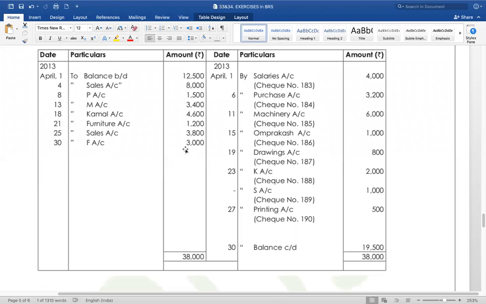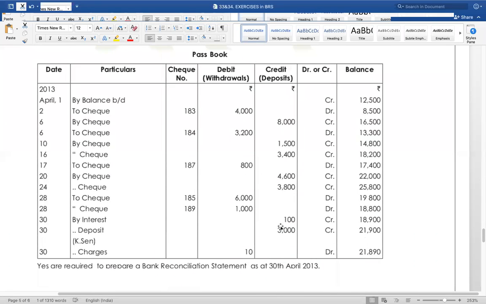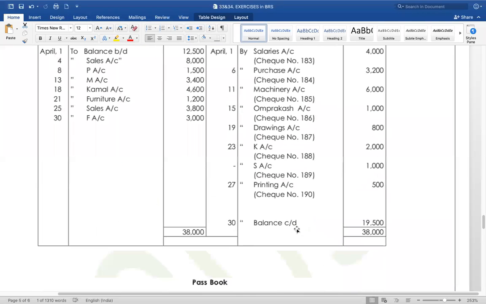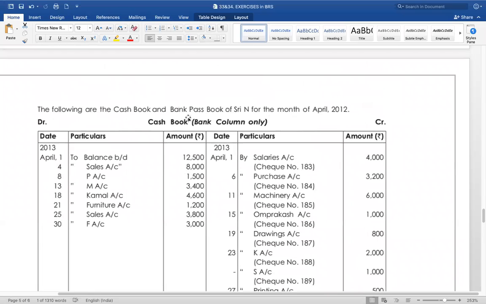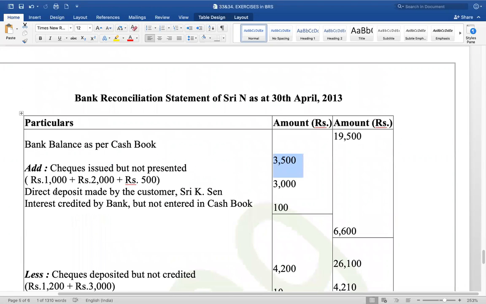Okay, what you should do: when it is deposited directly, the balance increases. This balance is not appearing here. So you have to record it, thereby it is increased in the cash book also. What do? Add it. Direct deposit made by the customer.